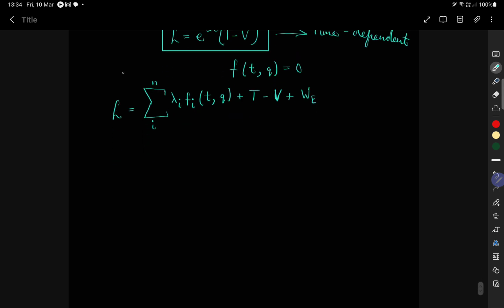Hopefully that helps. This is the final time-independent Lagrangian, by the way.